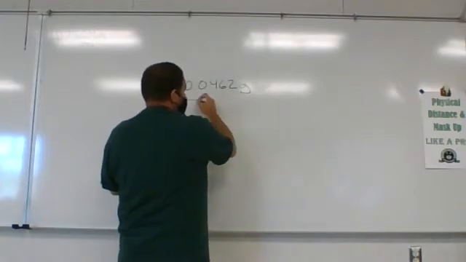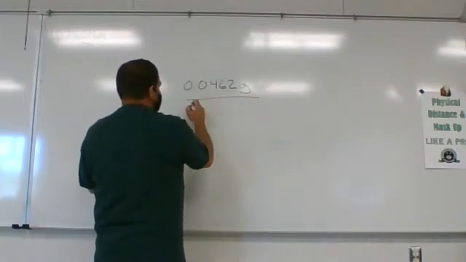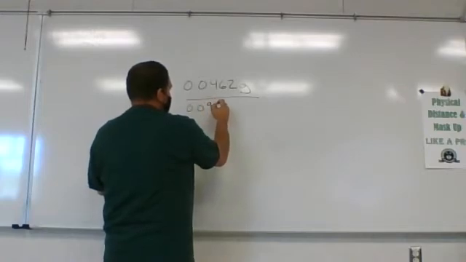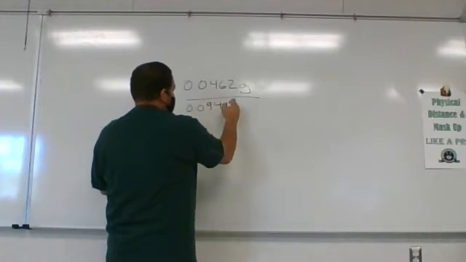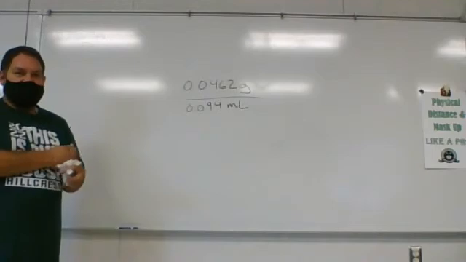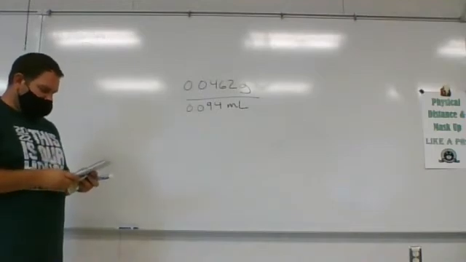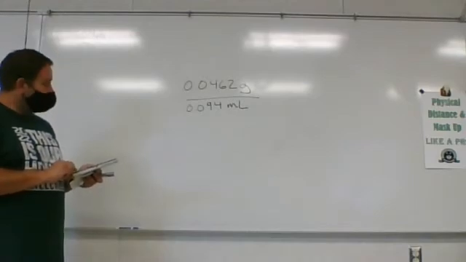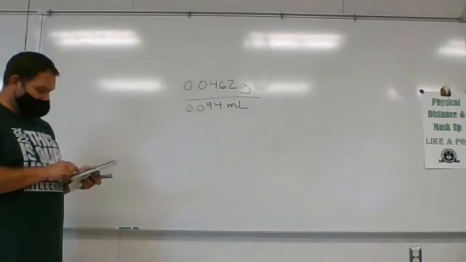We're going to divide this by, say, 0.094 milliliters. Let's just do it that way. So let's just divide that out: 0.0462 divided by 0.094.